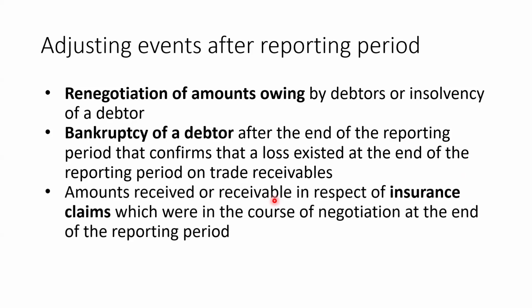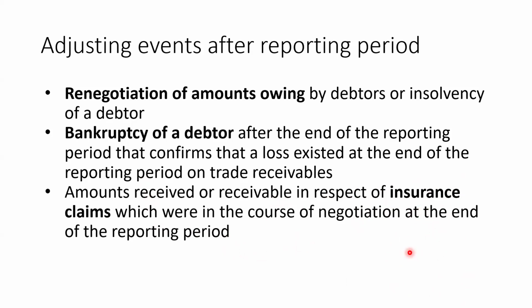Amount received or receivable in respect of insurance claims which were in the course of negotiation at the end of the reporting period. Probably something unfortunate happened to you during the accounting period, and you reported it to your insurance firm, and there were some negotiations, but in the end you received the amounts in respect of the claims, maybe after the reporting period.